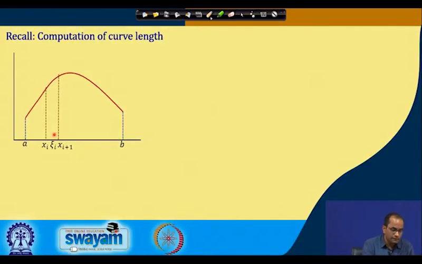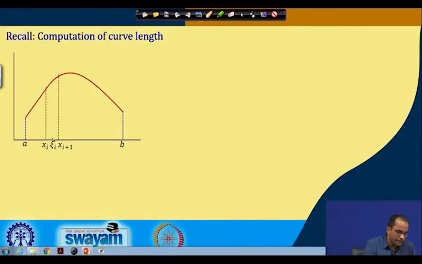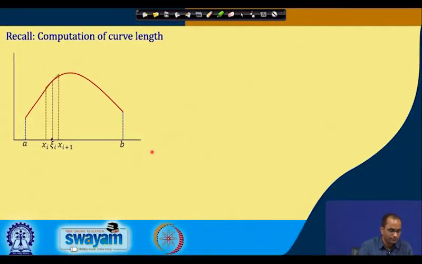Let us consider this point, for instance, xi_i within the interval x_i to x_{i+1}.